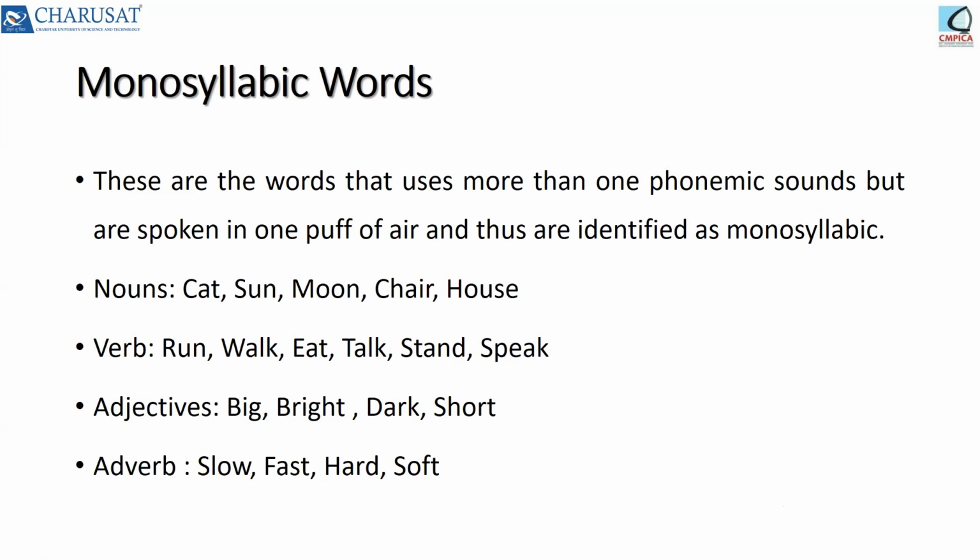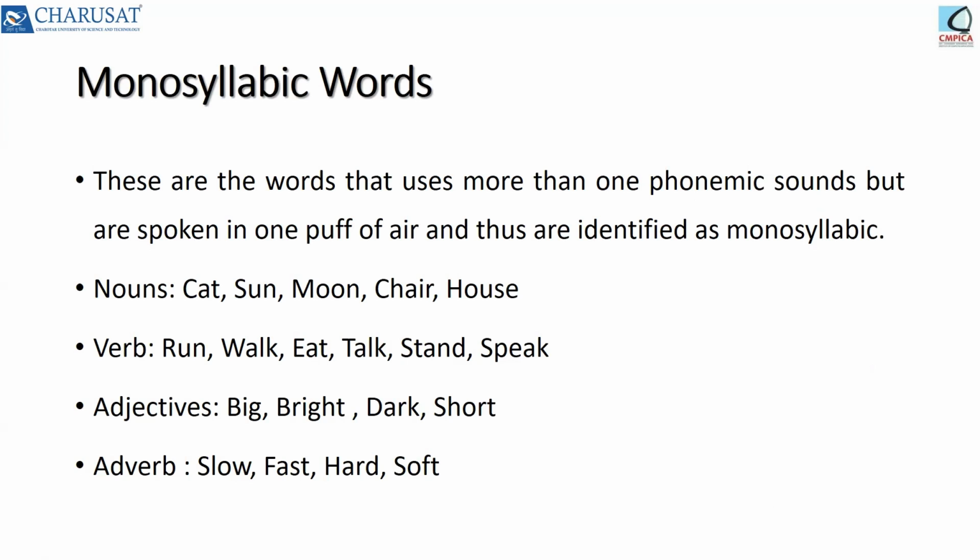Now, whenever we are trying to say these words, these are the phonemic sounds. We know that multiple phonemic sounds are used. Ka, at, in the noun cat. Sa, n, the n doesn't come out: sun. Together, when we club these phonemes, it becomes a word.